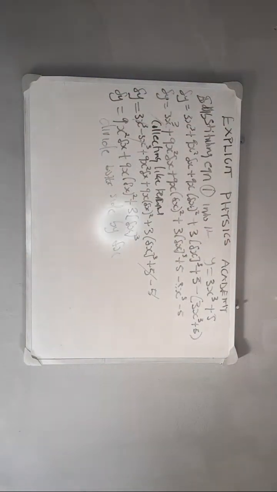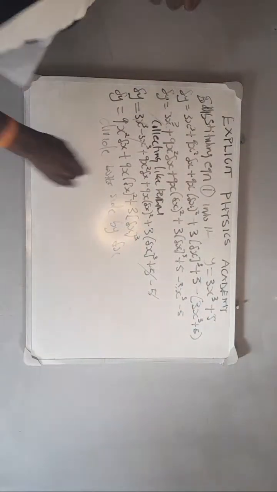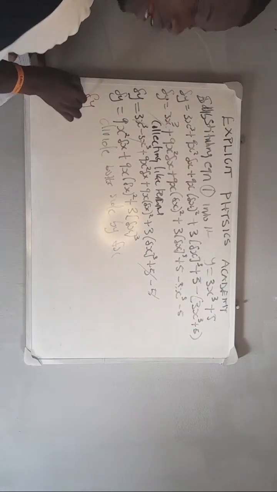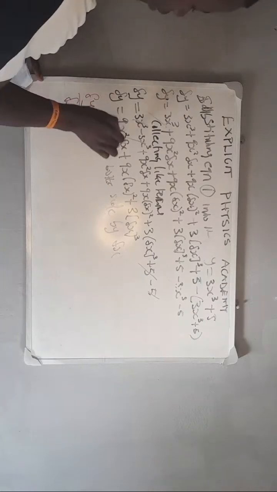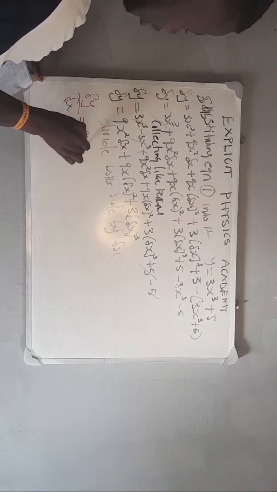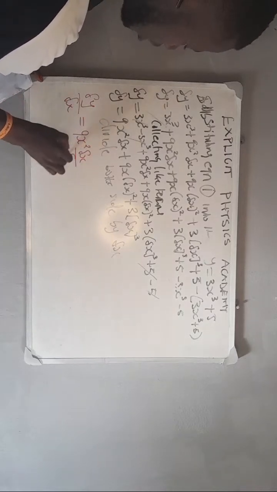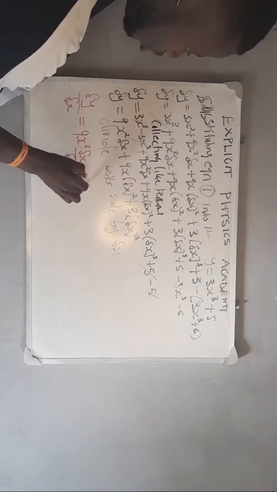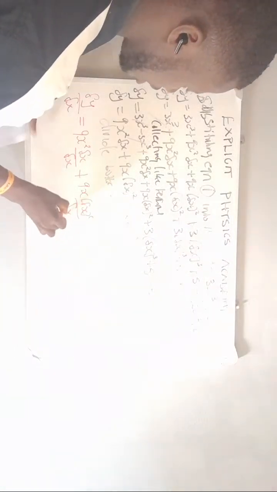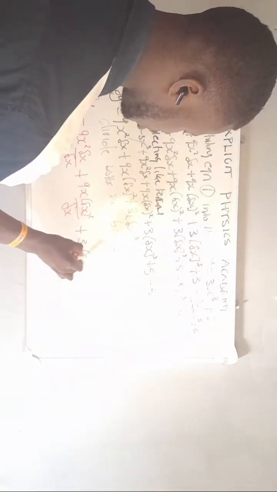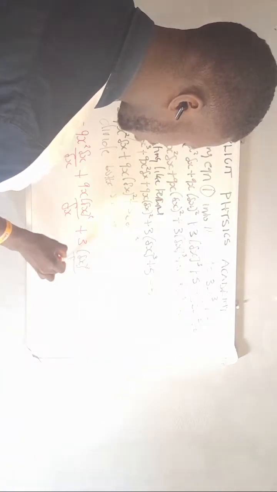I believe you must have figured out your answer already. You have to divide both sides by del x. So what do we have if we do that? If we divide both sides by del x, we're going to have del y over del x is equal to 9x squared del x all over del x plus 9x del x squared all over del x plus 3 del x cubed all over del x.